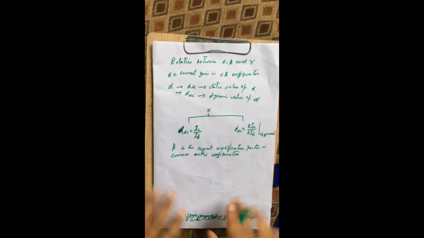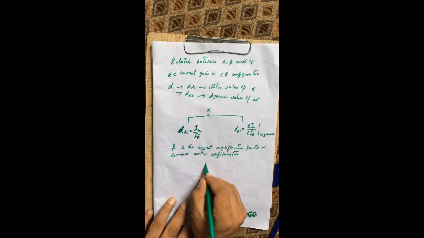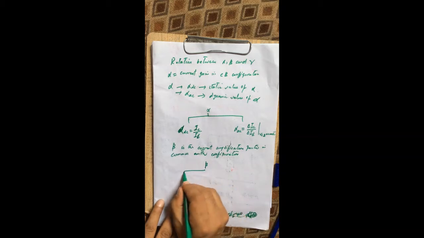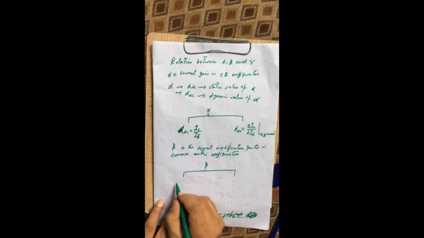So we can also write beta in two forms. One is beta DC and the second one is beta AC.